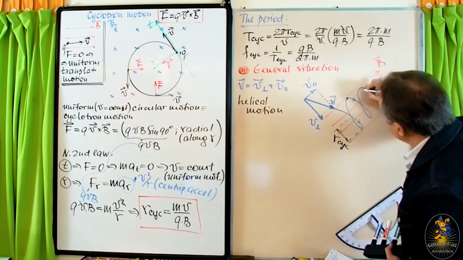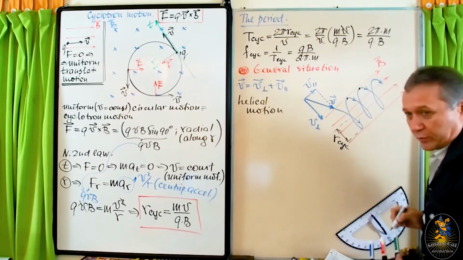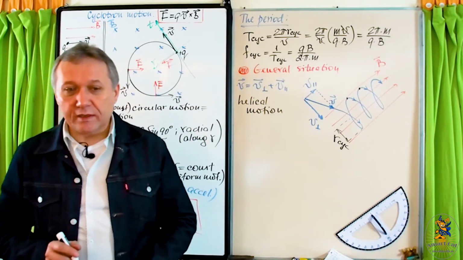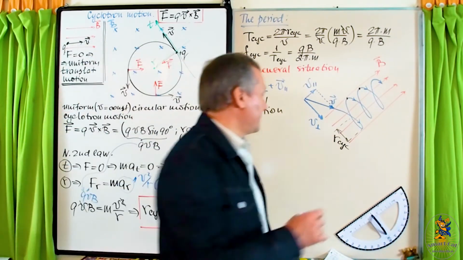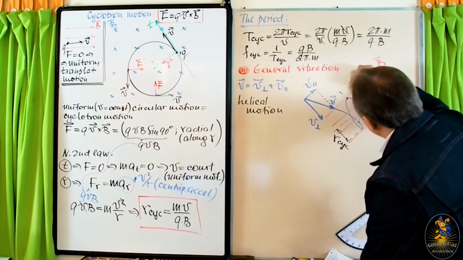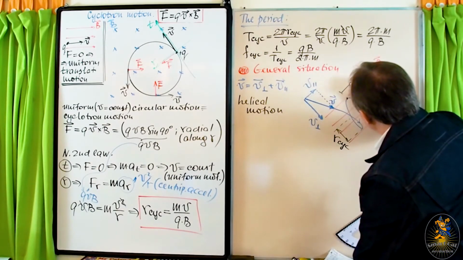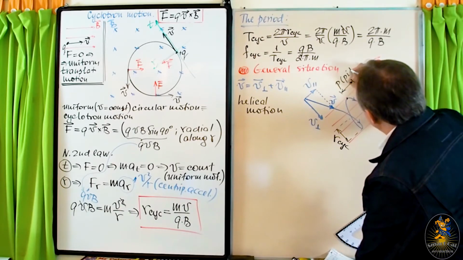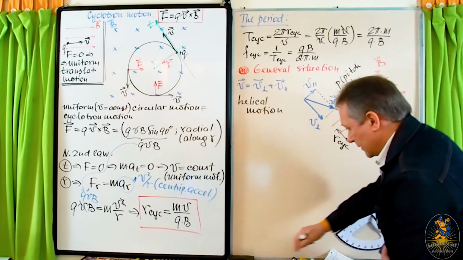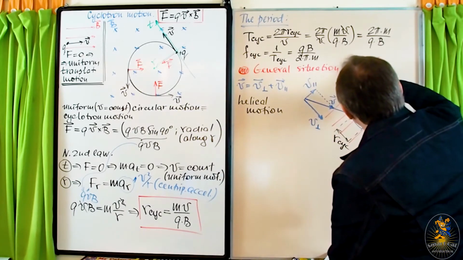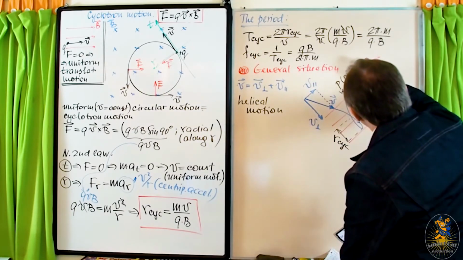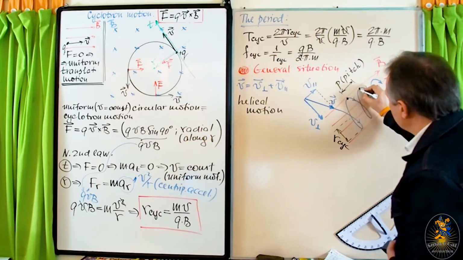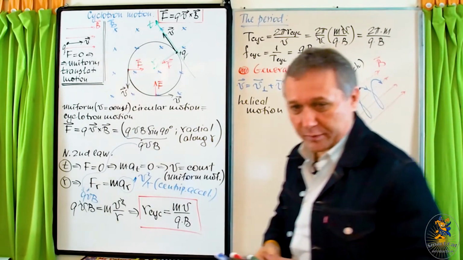If I take this point on the trajectory and this point on the trajectory, this is what is called the pitch. So P, and it's called pitch, the distance between these two points.